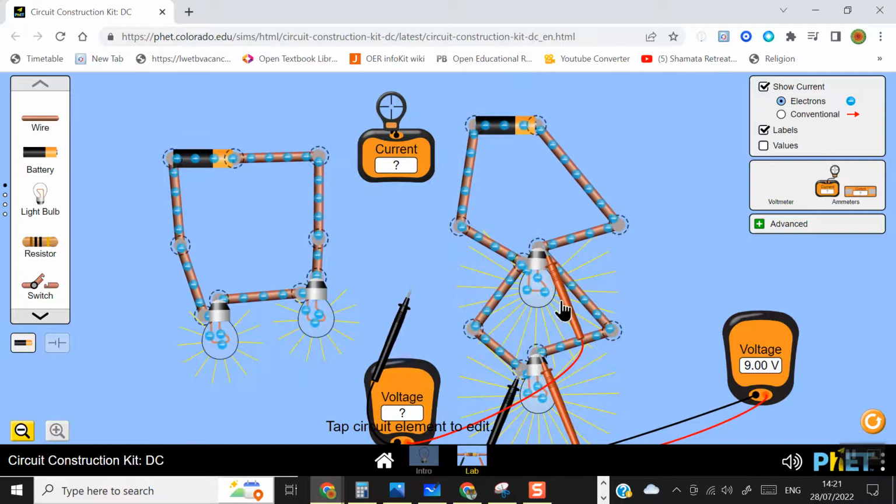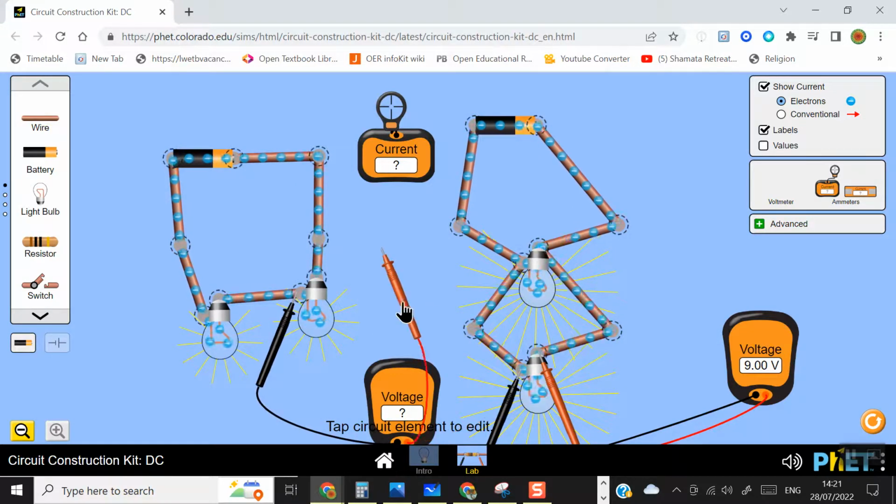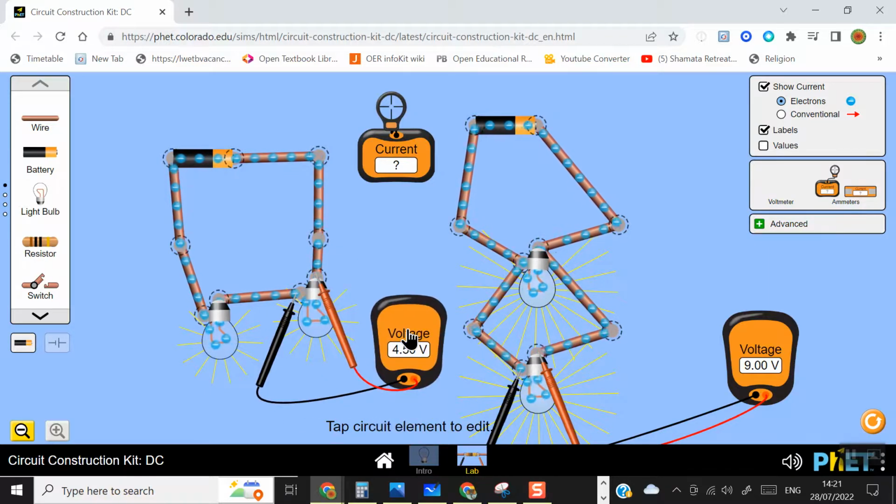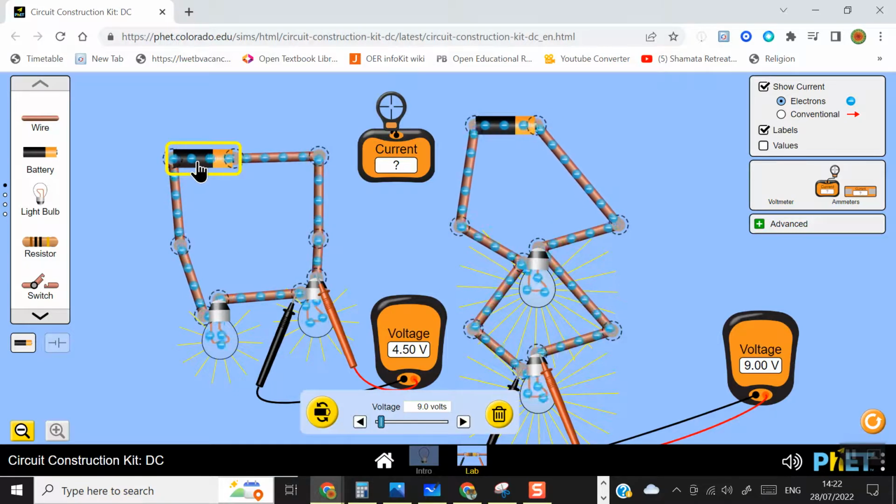If we contrast that to when you wire it up in series, we can see that if we check the voltage across this light here, it's only getting 4.5 volts. It's only getting half of the voltage from the battery. And that's because the other half is going to this bulb here.